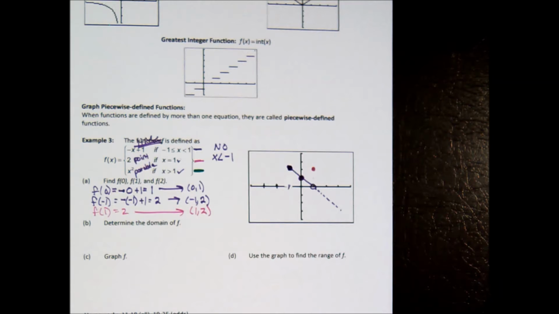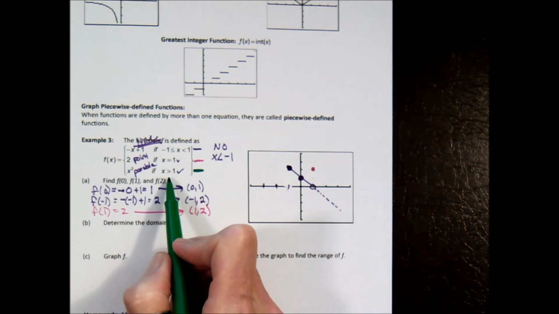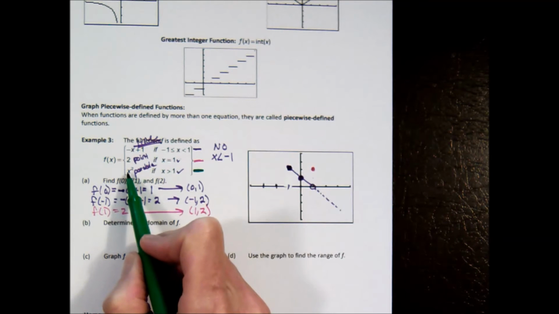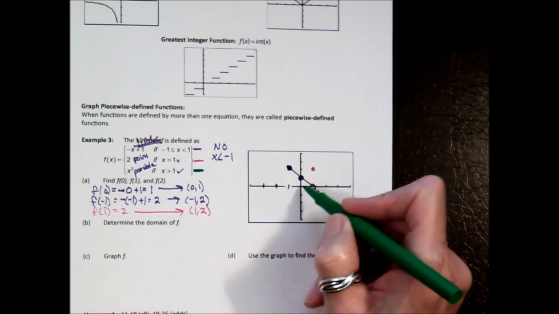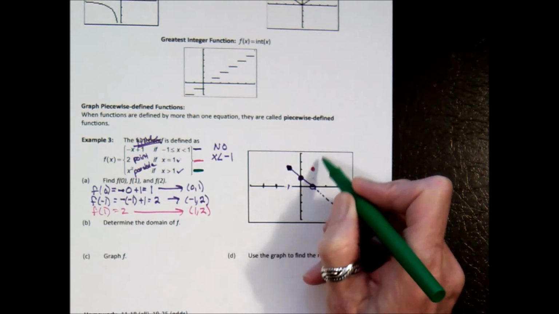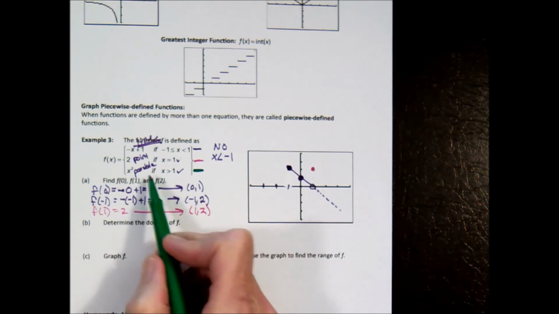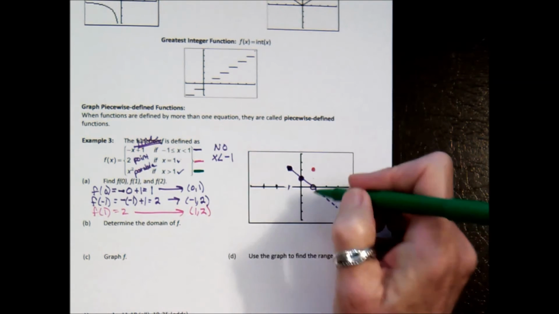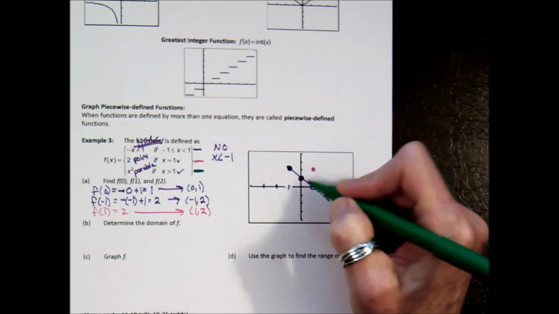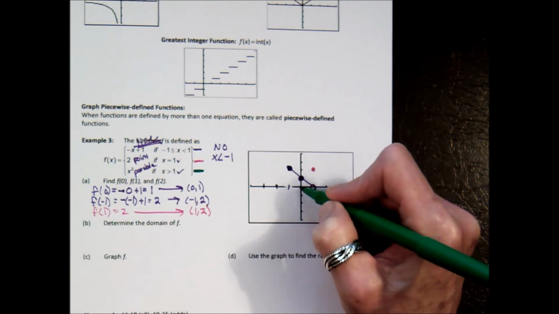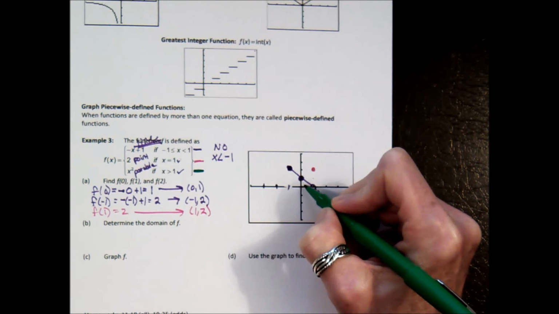Now we want to know in green, what if x is greater than 1? Well, I know it's going to be a parabola, and I know that the graph of x squared, I'm not going to draw it yet, looks like this if I were to draw it. But in my parabola, I only want the part where x is greater than 1. So I can't have x being 0 or x being 1.